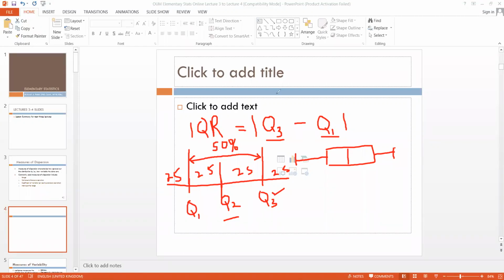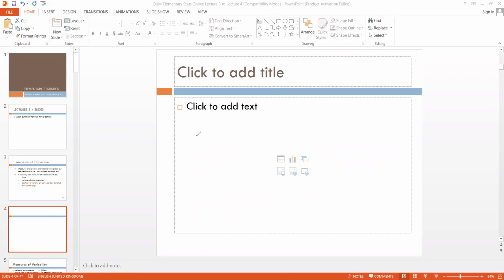Now the range, on the other hand, gives us the dispersion within the entire data, and it's calculated using the maximum observation minus the minimum observation.